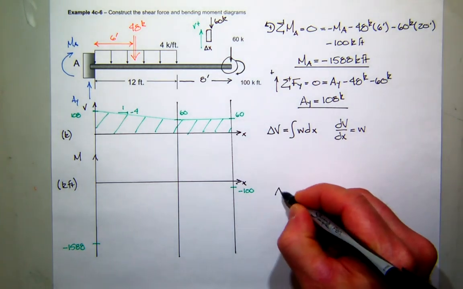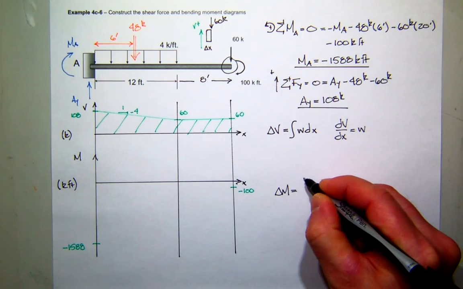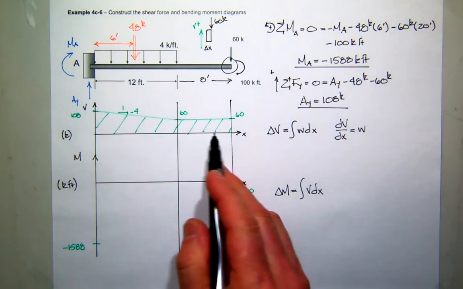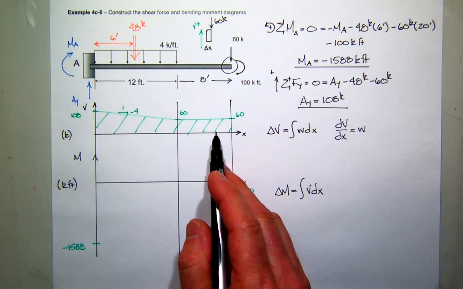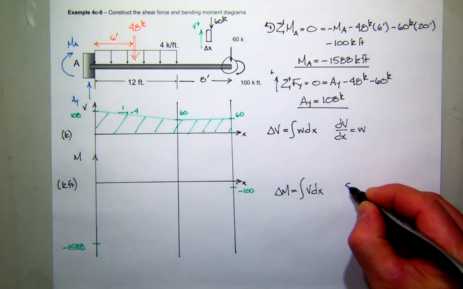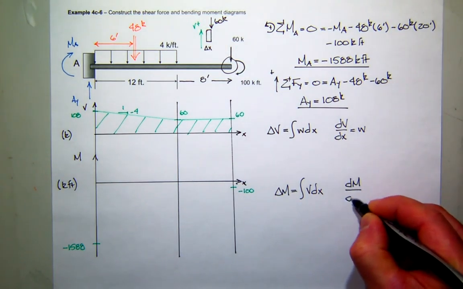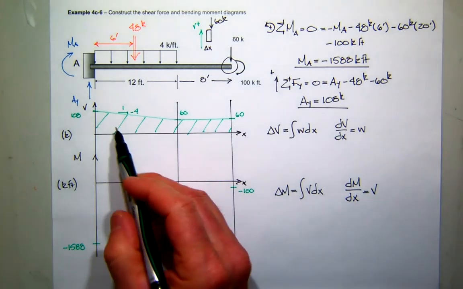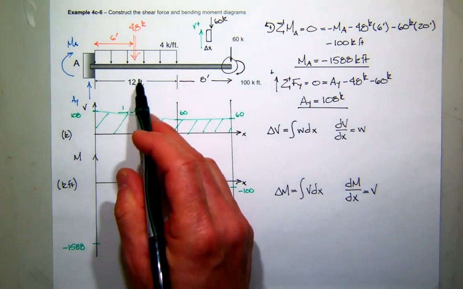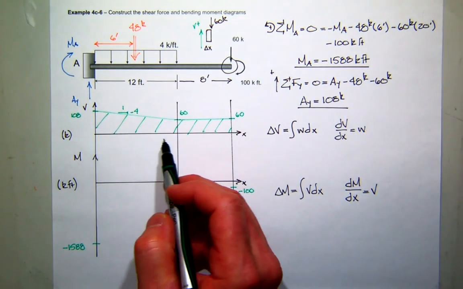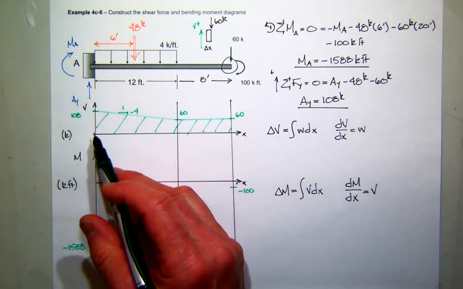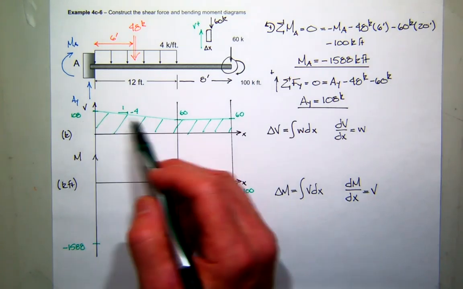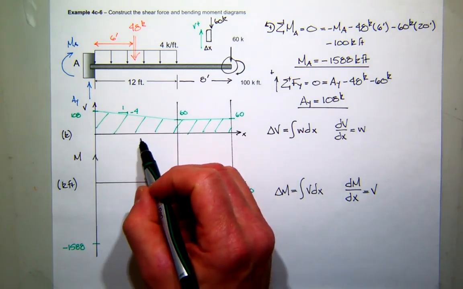We know that our change in moment is the area under the shear diagram. And what's the area under the shear diagram? It's all positive. So it will be a positive change. And then the slope of our moment diagram will be given by the shear. So let's start with this first chunk over the first 12 feet. What's the area under this part of the curve? It's a trapezoid. So the area of a trapezoid is you average the height times the base.